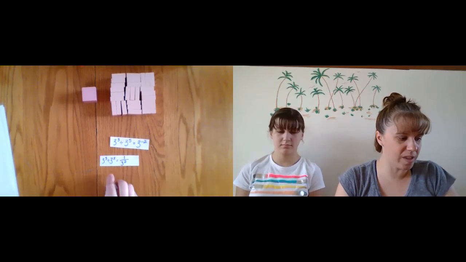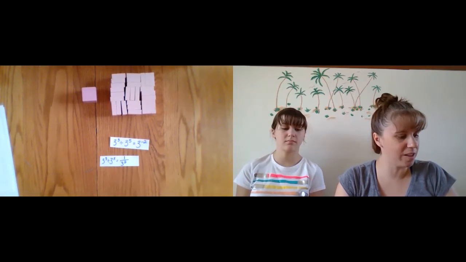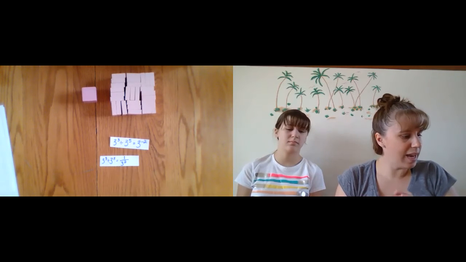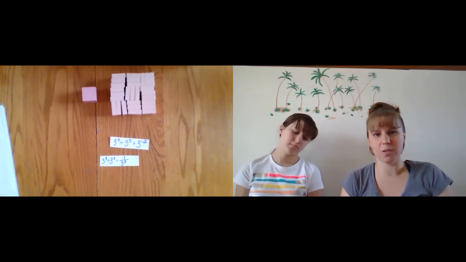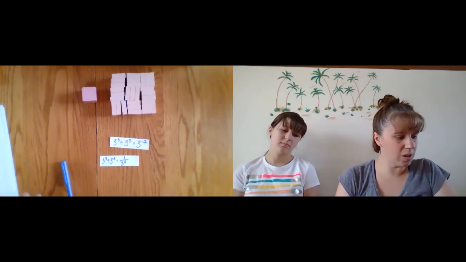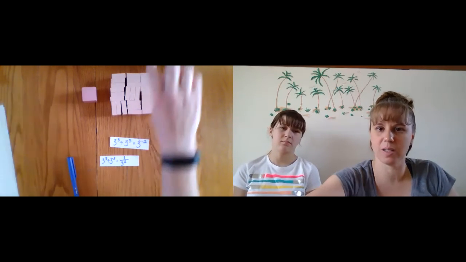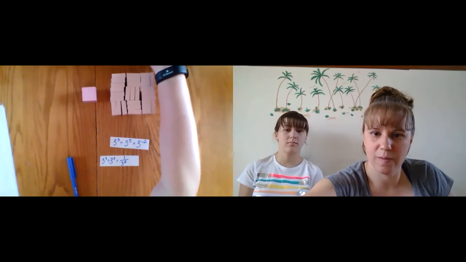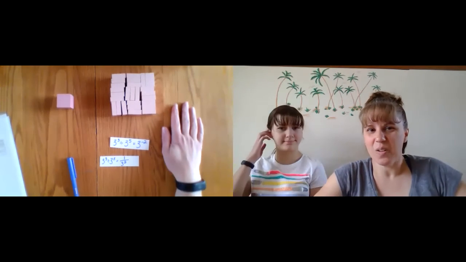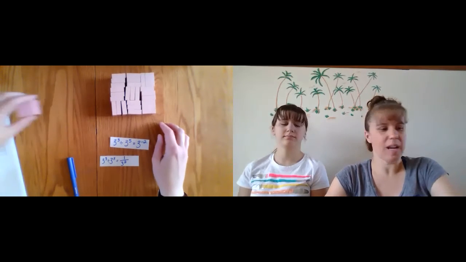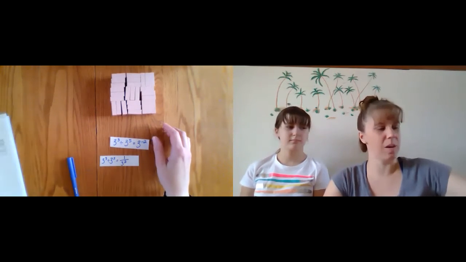So now our problem is asking how many 3 to the fifths are there in the third power? How many 3 to the fifths are in the third power? And we have to look at this as group division. So when we're going to do this, we're going to look at each of these parts. So hang on one second. Okay, so we've got all of our pieces here, and I'm going to set our 3 cubed out of the way because we're not working with that.